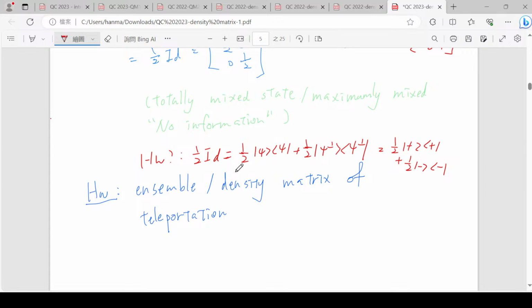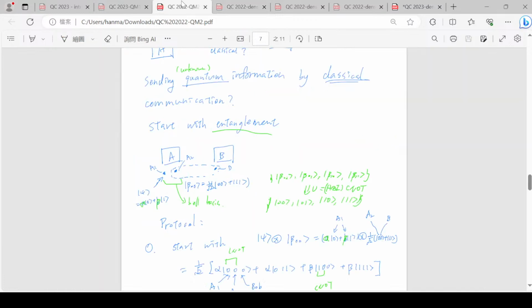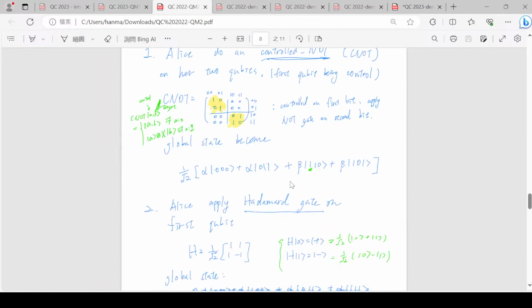You can also see this phenomenon in the homework, when we calculate the ensemble or the density matrix of the teleportation state. So now let's go back to teleportation.